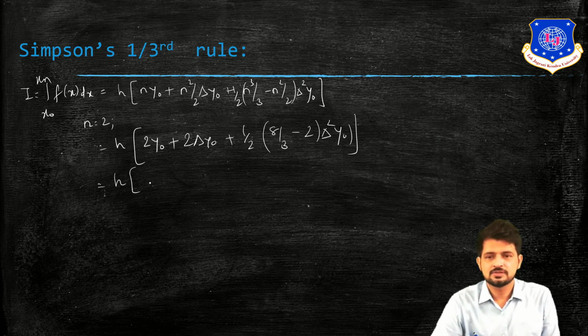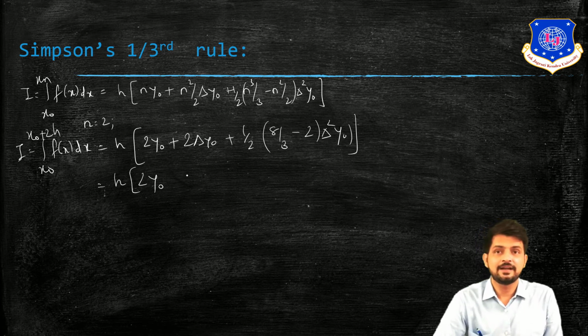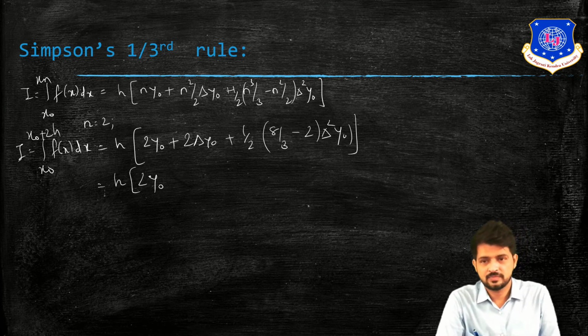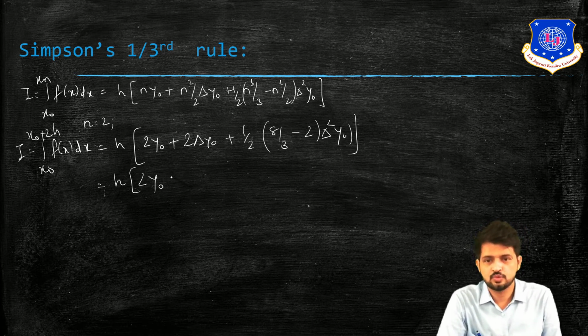Here I am taking the integration of the first step, that is x0 to x0 plus 2h of f of x dx. We have already seen in the diagram, right?